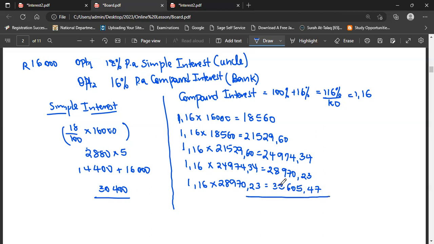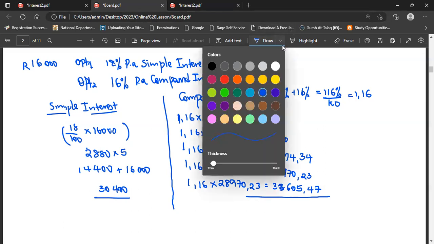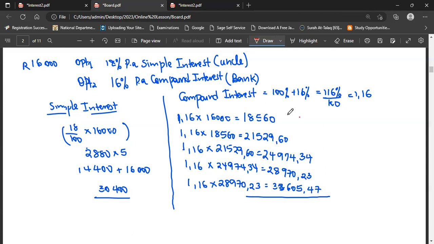So under compound, this is the last part. This is our first year, second year, third year, fourth year, and the fifth year. So if you use compound interest, 5 years, you would have to pay back this much.